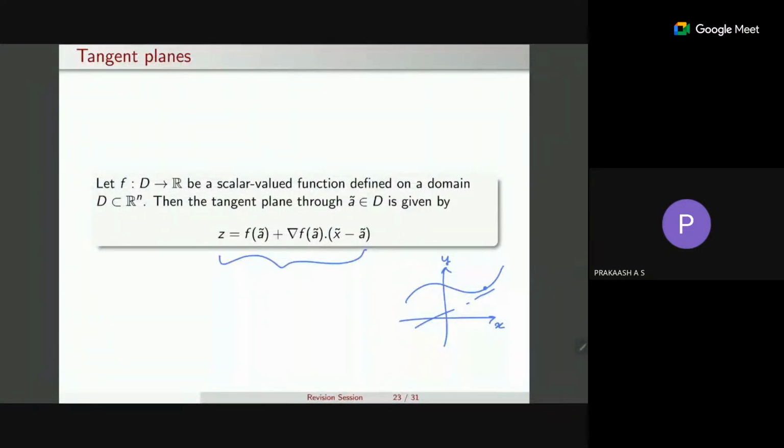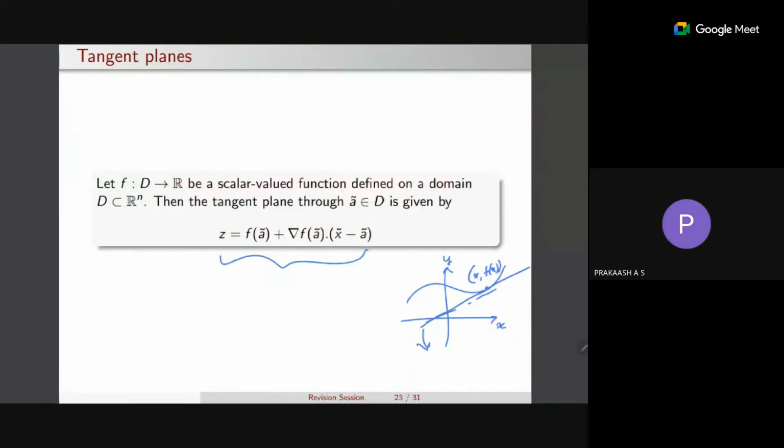Suppose this point is x comma f of x. What is the equation of this line? y minus y1 equal to? Yes, y minus y1, you have f of x, right? Equal to m into x minus what? m is the slope.